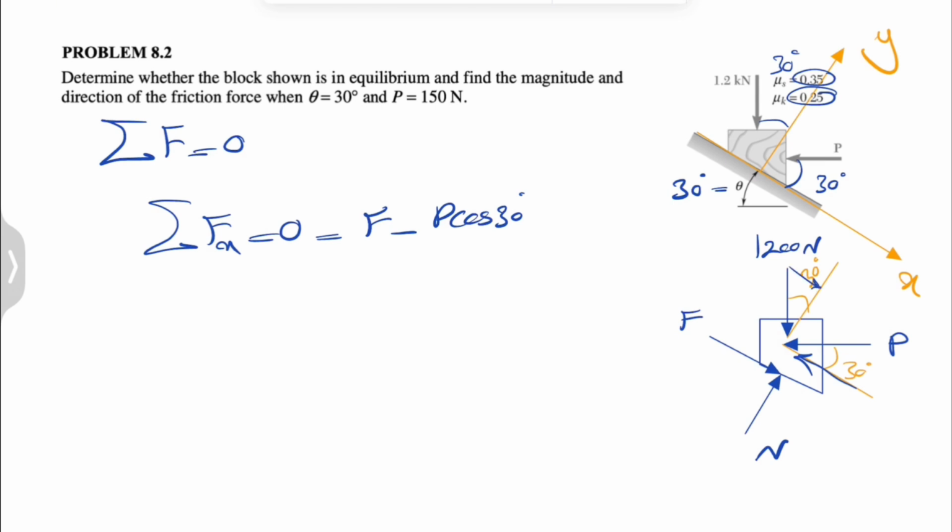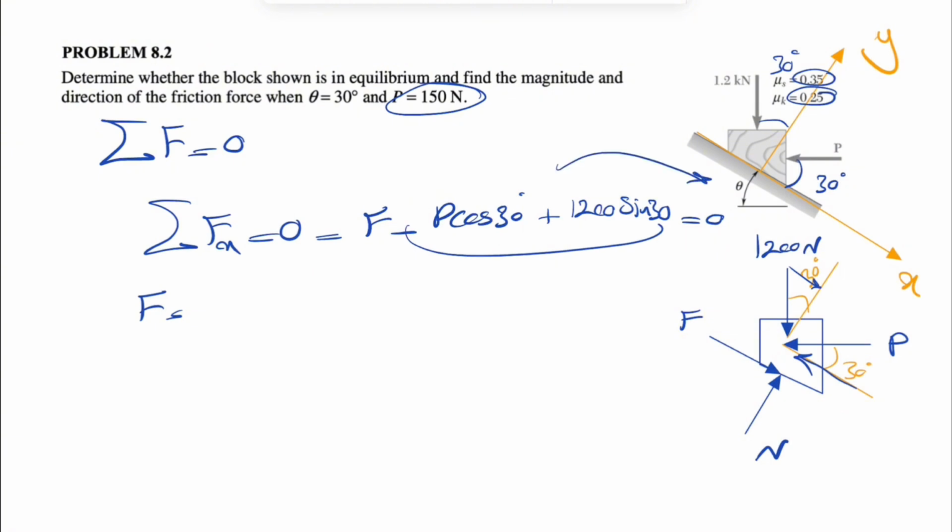And we have the x component of the 1200, which is positive, plus 1200 sine of 30, equals 0. So F would be, if we bring these two to the other side, P cosine of 30 degrees, or 150 cosine of 30 degrees, minus 1200 sine of 30 degrees.